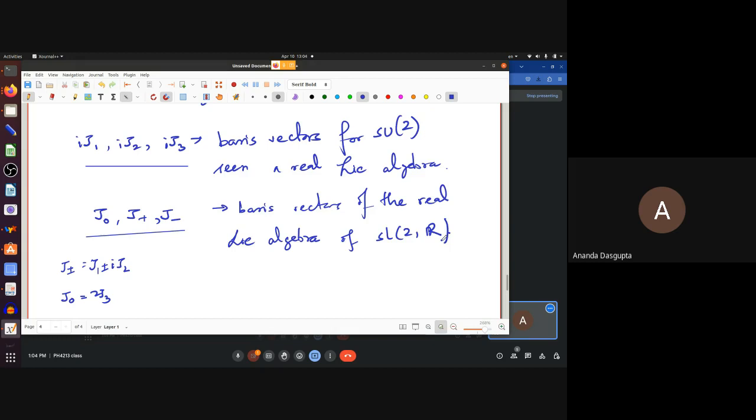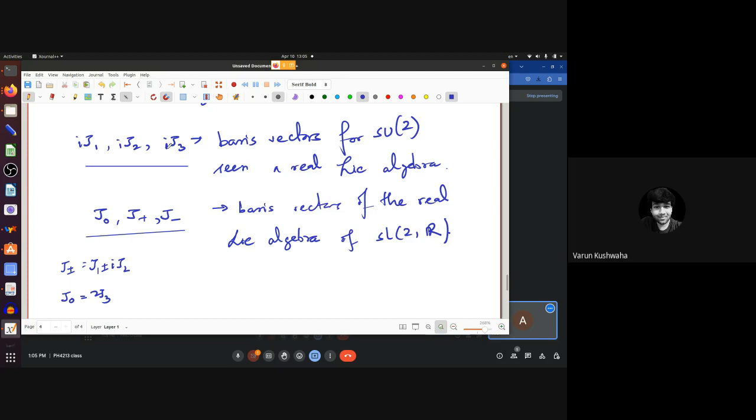And that should be very, very easy to see. For example, is J plus even a member of the real Lie algebra generated by this? Can we form J plus by combining these elements with real numbers?